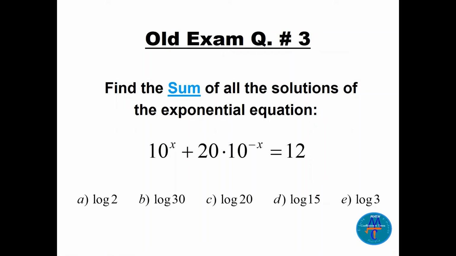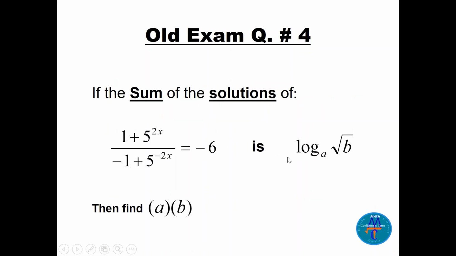Now you find the sum of all the solutions of this exponential equation. I put here the sum in the answers, A, B, C, D, also multiple choice. Find all the solutions and then add them.